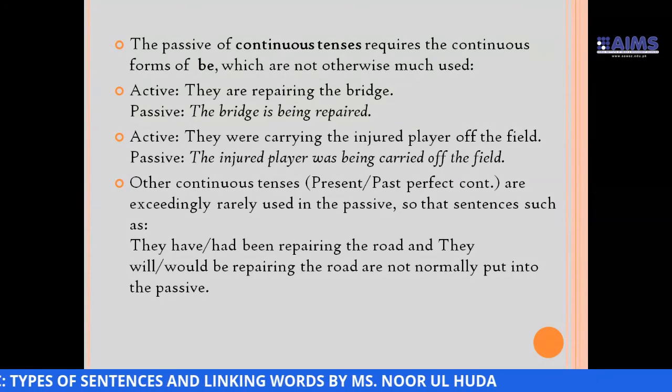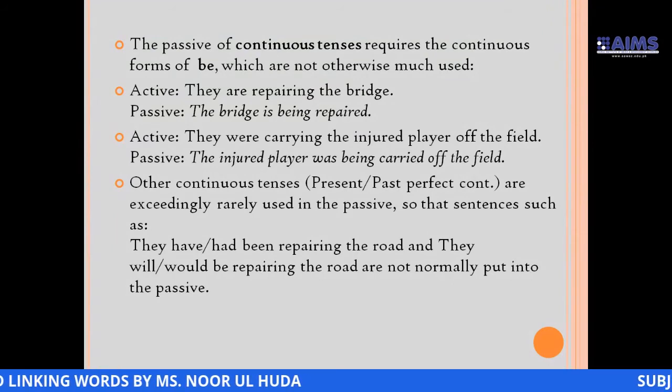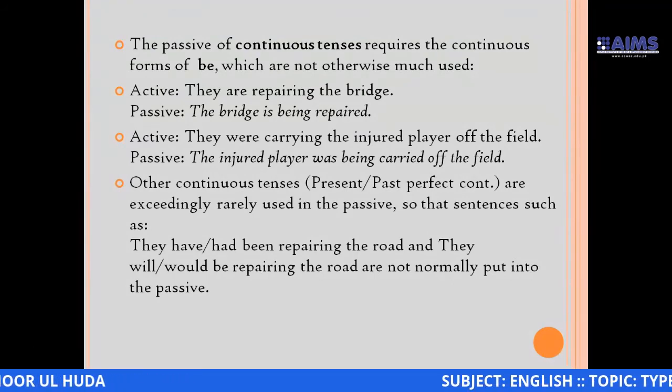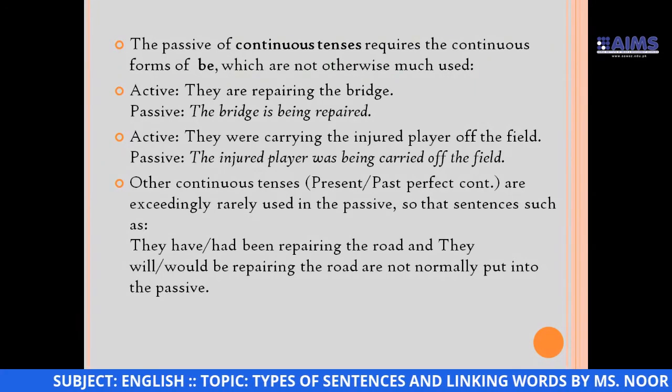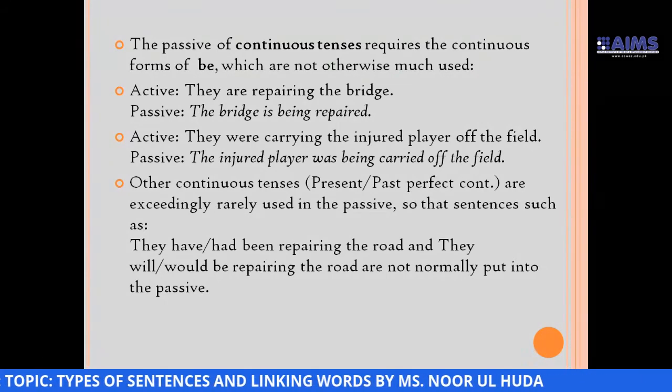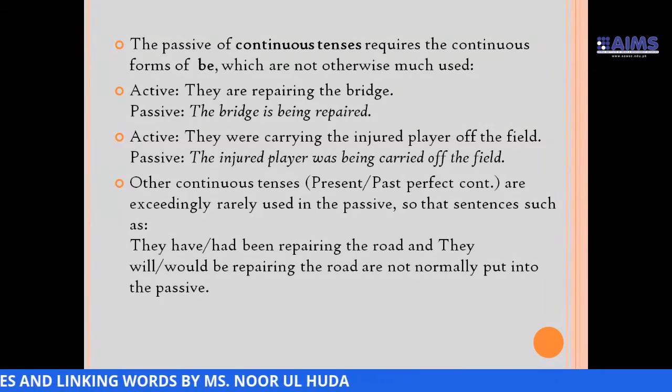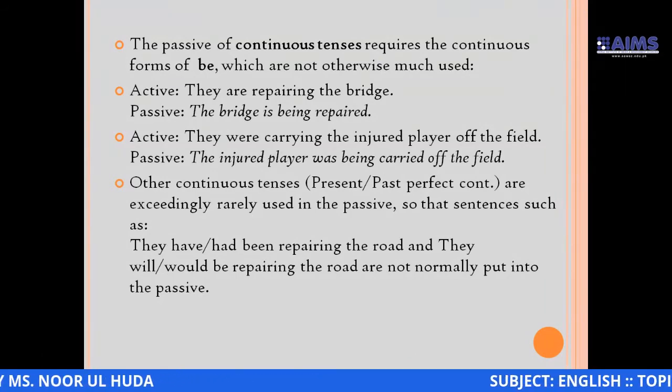Similarly, 'they had been repairing the road' and 'they would be repairing the road' are not normally used in the passive. So we don't change these sentences into passive. What sentences? Present perfect continuous and the past perfect continuous.